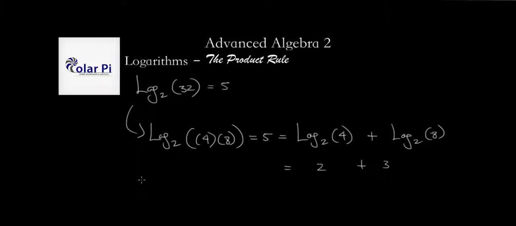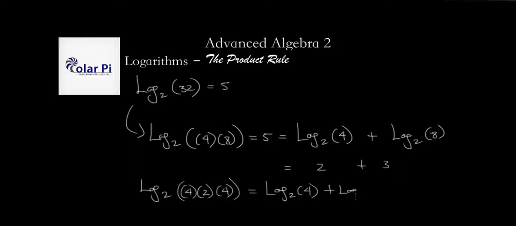Yes, because we can even split 32 into three numbers. How can we split it into three numbers? Boring, but like 4 times 2 times 4. Then in this case, we'd write that this is equal to log base 2 of 4 plus log base 2 of 2 plus log base 2 of 4.